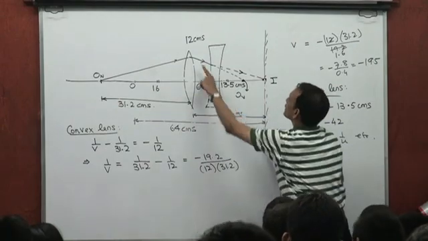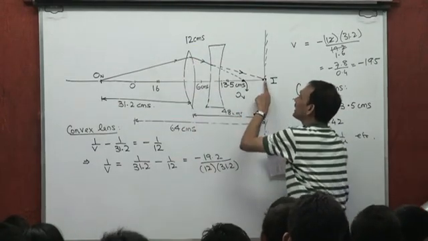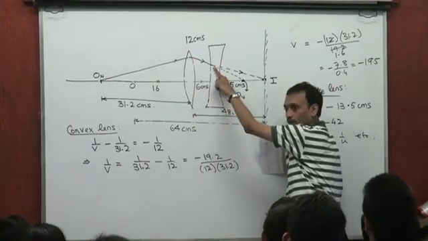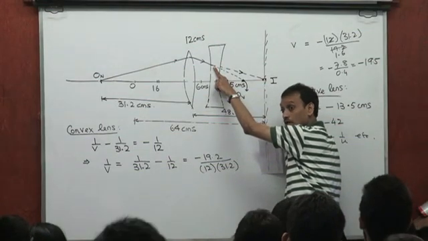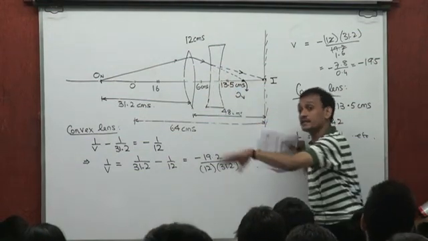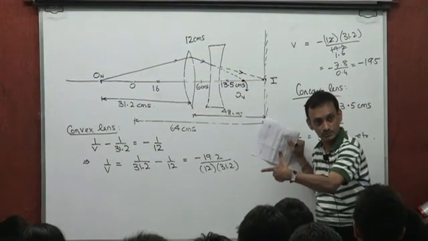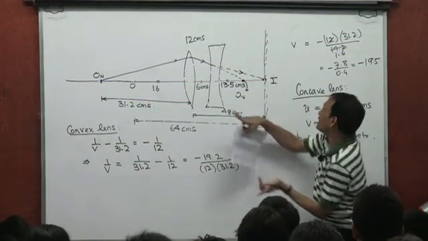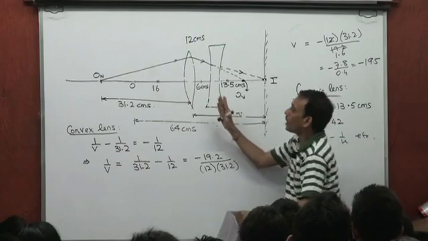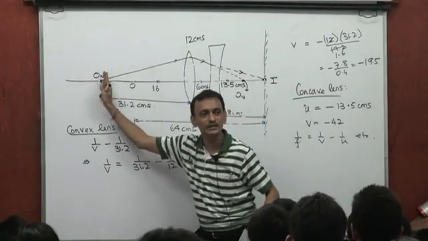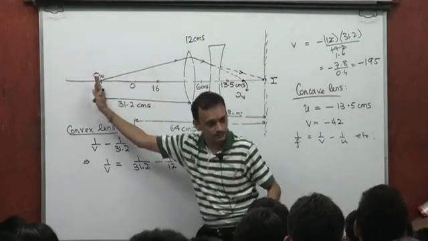Why? Because now the ray would have liked to converge at I, but it meets the lens here and doesn't converge at I; it gets defocused. Now to get the image back to I, the object is moved 15.2 centimeters backwards.